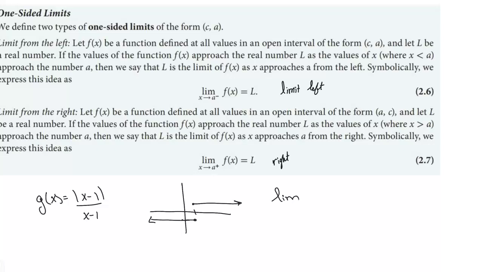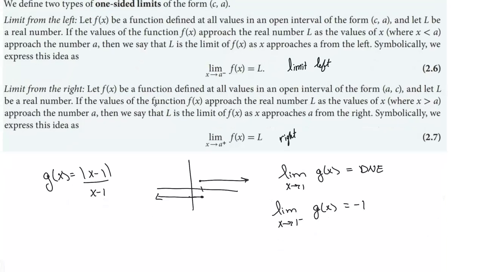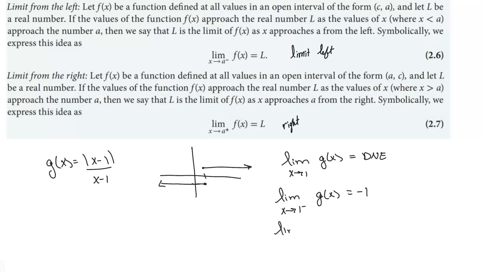If I want to find the limit as x approaches 1, we said that did not exist. But what if we just care about the left and the right-hand side? If I just care about the left, all those y values are going to be -1. Whereas if I look at the right-hand side, all those y values are approaching +1.